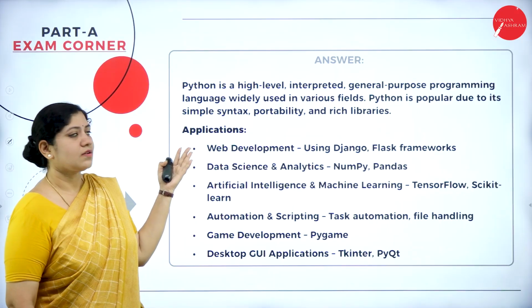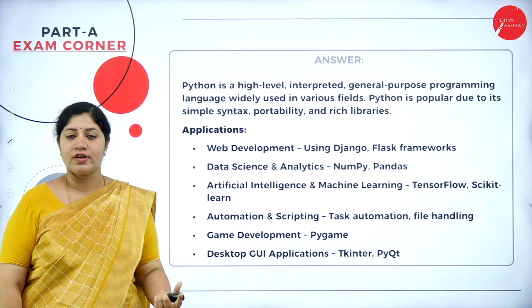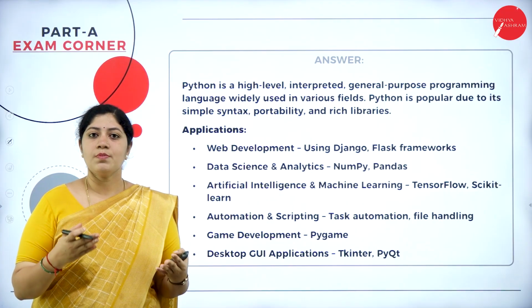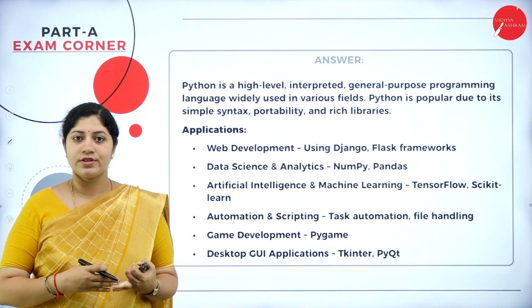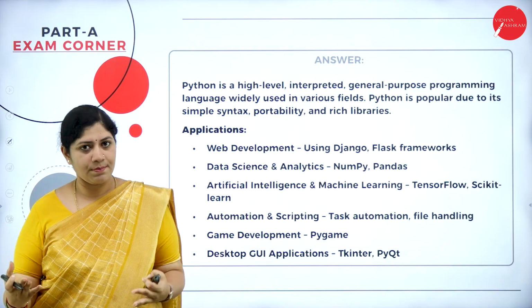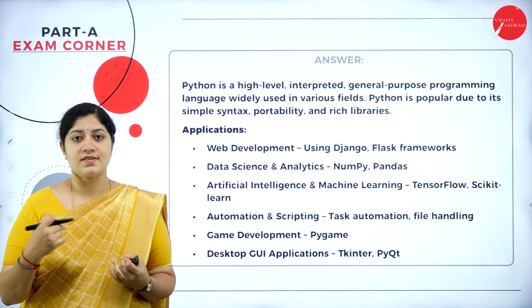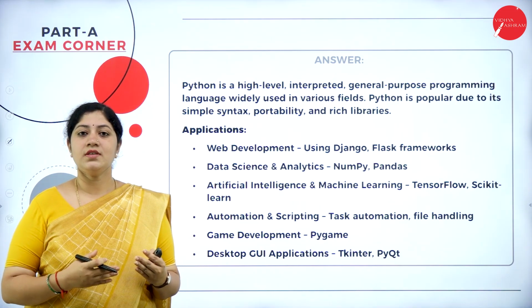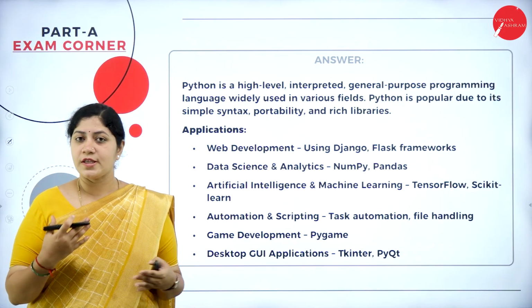The first thing we have done here is defining the Python programming language. Python is a high-level programming language, and along with that, it is an interpreter, as well as we can also consider it under the general purpose programming language because of its usefulness as well as easiness. And we can say that Python is used in various applications or various fields.